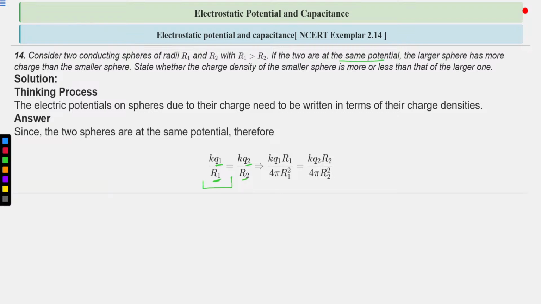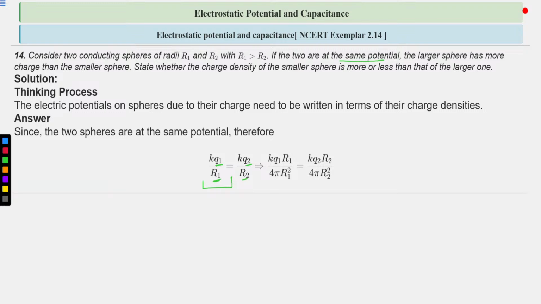The potential on the surface of the first conductor and on the surface of the second conductor is equal. By equating them, we can reduce this expression into the form of charge densities. For that we want the area of the spheres.